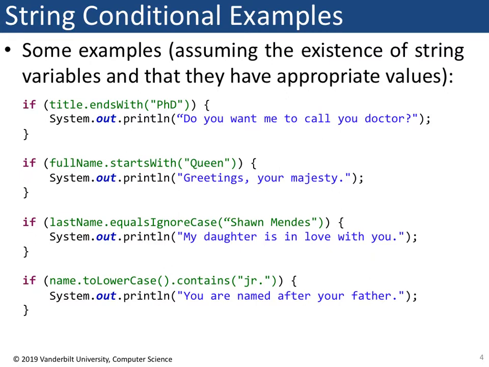So we can use title.endsWith PhD. This will return a Boolean true or false based on if the string stored in title ends in PhD. If it does, it will return true, in which case this Boolean expression will evaluate to true, and we will execute the statements within the curly braces following the if statement.